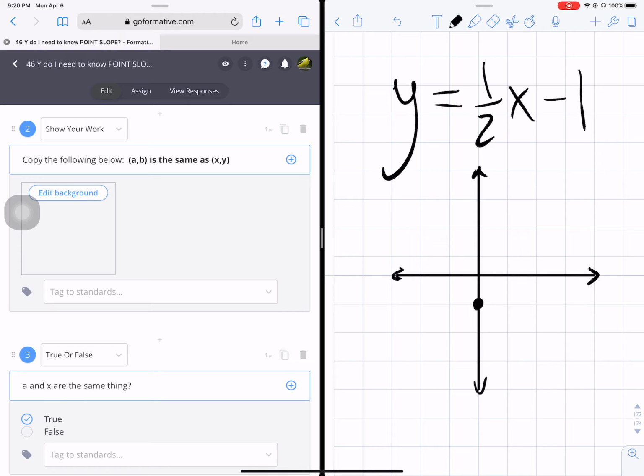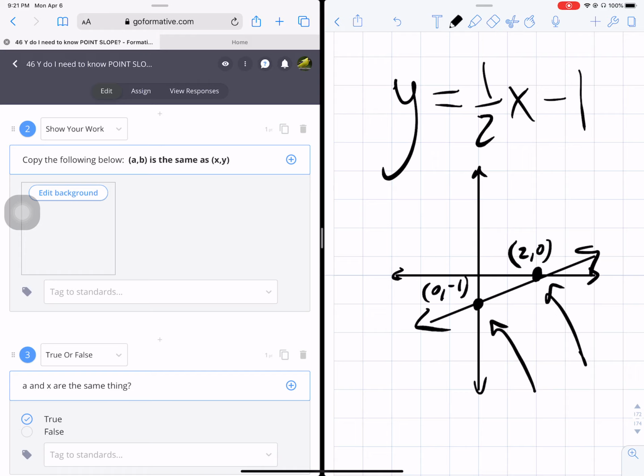Minus 1, and then you go up 1 over 2, and then you have your graph. And then what's this coordinate here and what's that coordinate there? So we have 0 comma negative 1, and we have 2 comma 0.